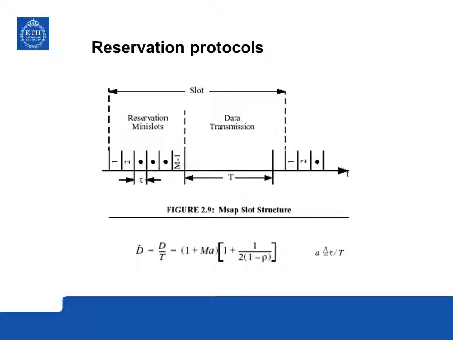So this finally brings us to the analysis of reservation protocols. This analysis tends to be rather simple. We divide the time slots into a reservation part and a data transmission part, and the data transmission part is characterized by perfect transmission.